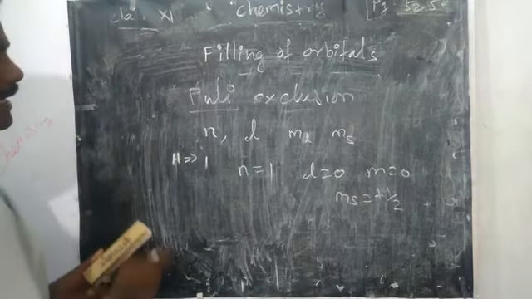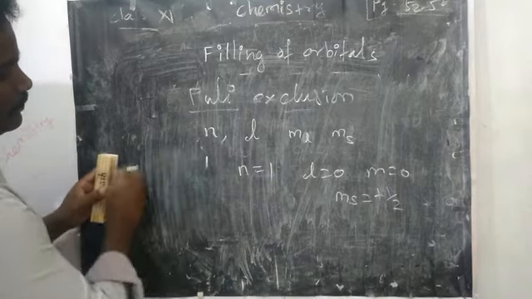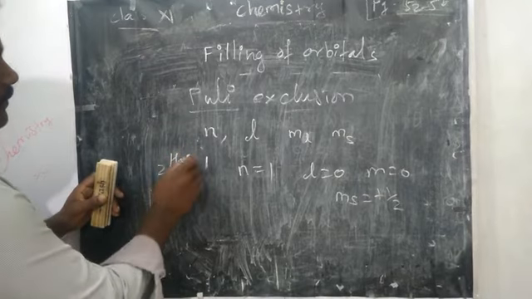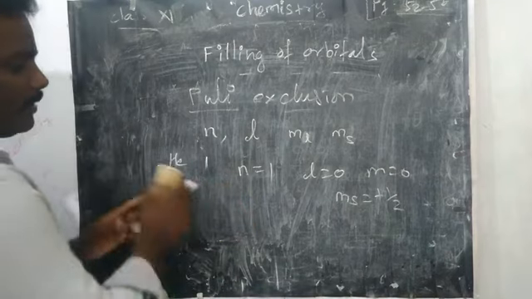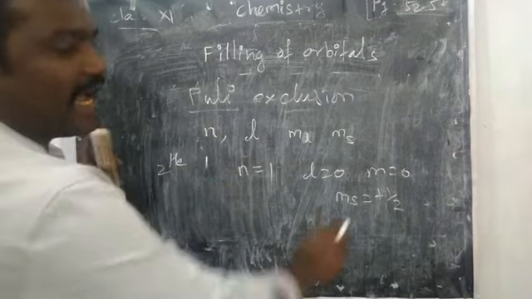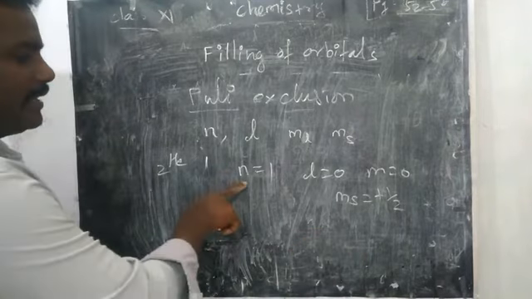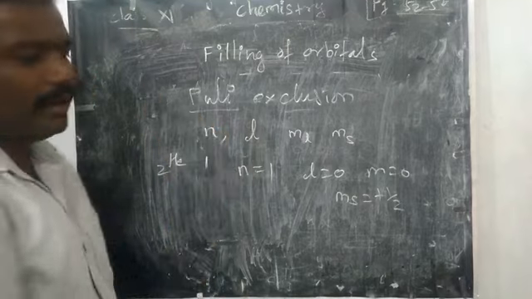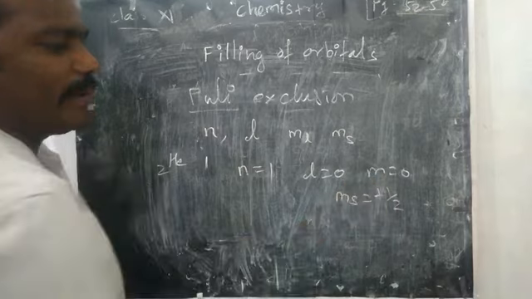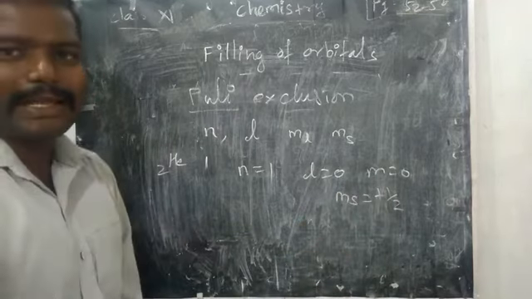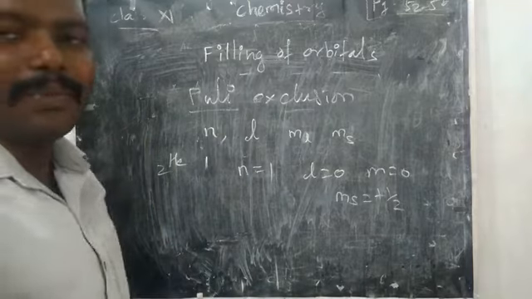If you take helium, helium has 2 electrons. The first electron has the same values as hydrogen: n is 1 because first shell, l is 0 because s orbital, l value 0 means m value also 0, and the spin is in the clockwise direction, so we can say plus half.